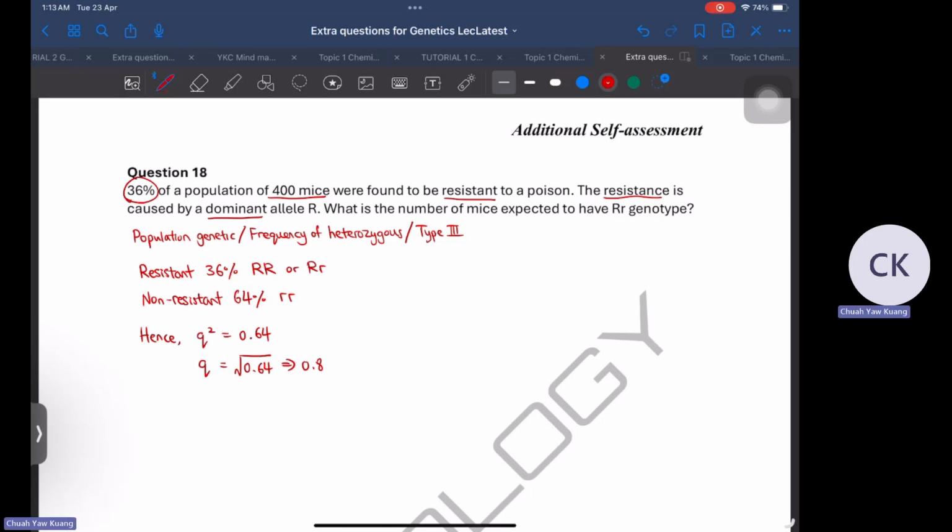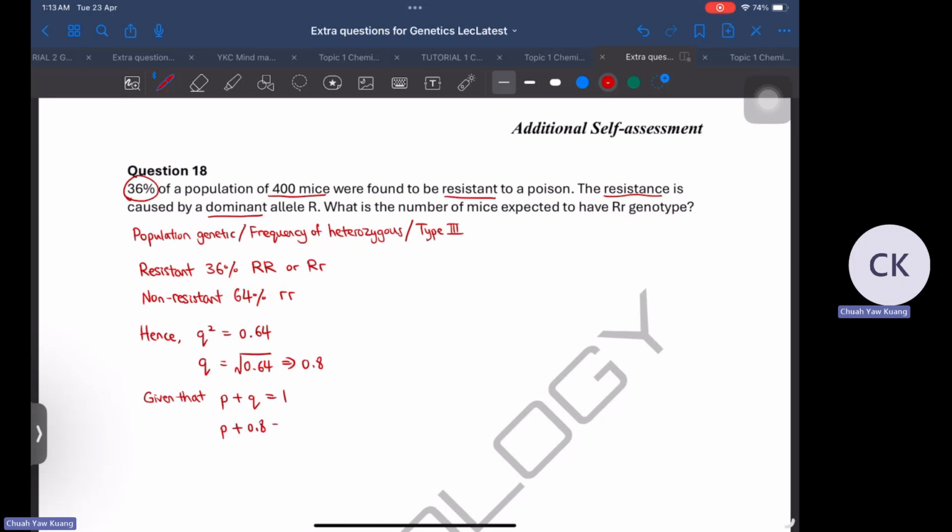Given that P plus Q equals 1, P plus 0.8 equals 1, so P equals 1 minus 0.8, and thus P is 0.2.